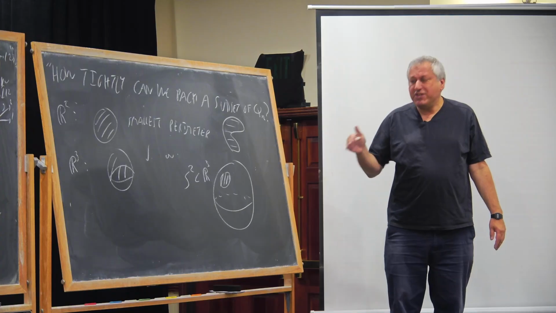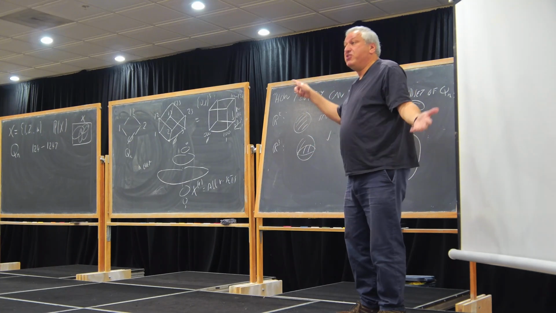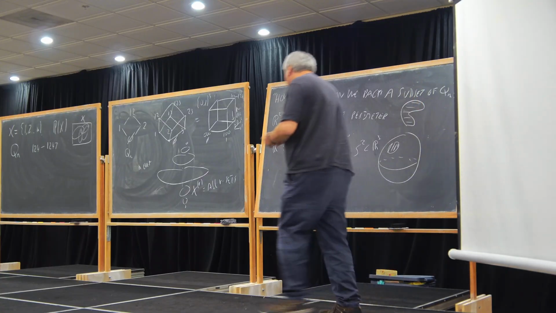What would it mean in a discrete setting? Well, you can do it in any graph. Let me do it in the cube, because that's what I really care about.